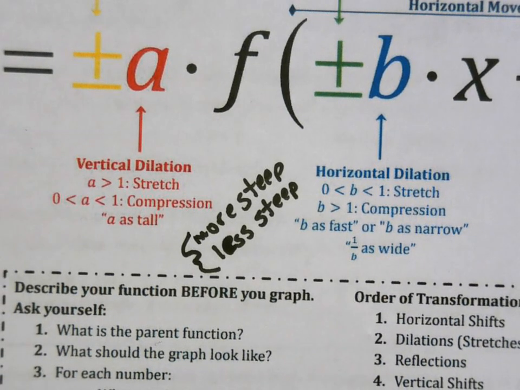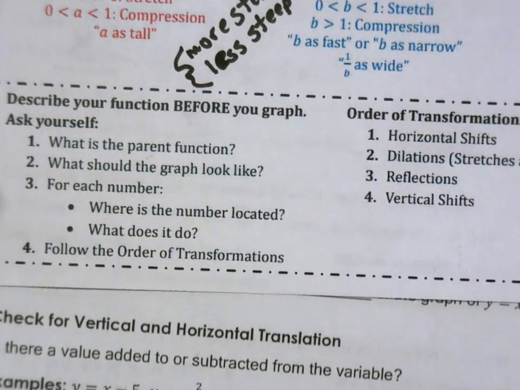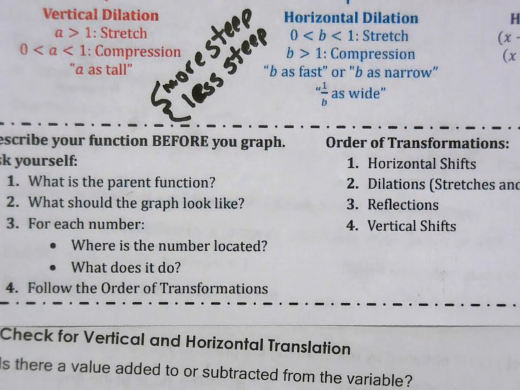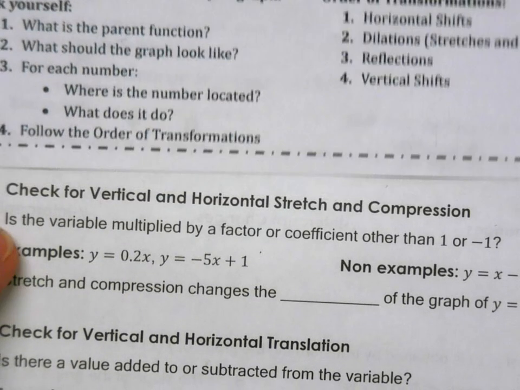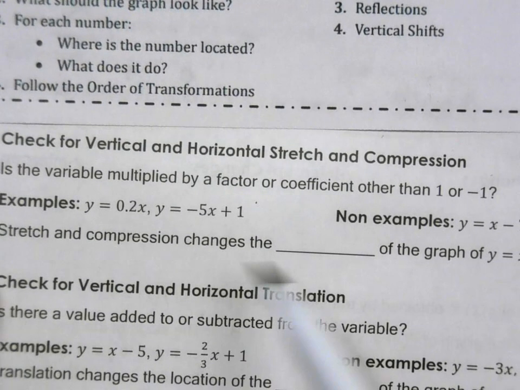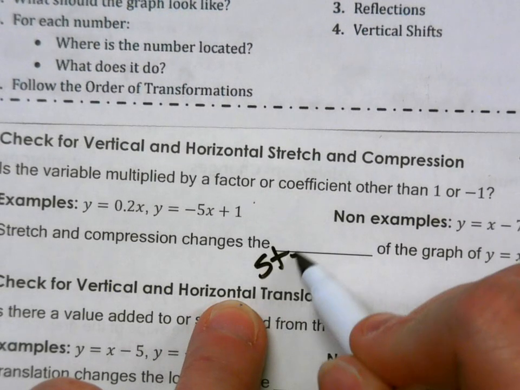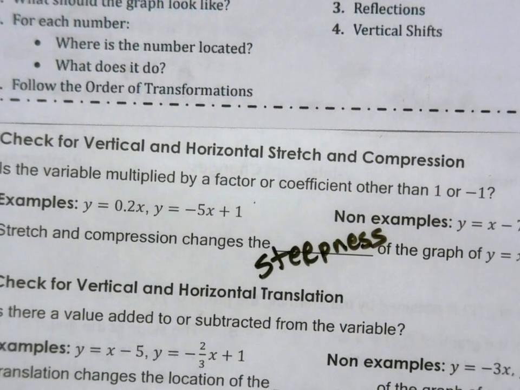Because the dilation, I'm going to move that up a little bit. I don't know if I can get it all on the same thing because I've got it zoomed in so much. Because the dilation down here in our blank, the stretch and compression, changes the steepness. And my pen is too fat, I can't get it to fit on that short little line. So it changes the steepness of the graph.